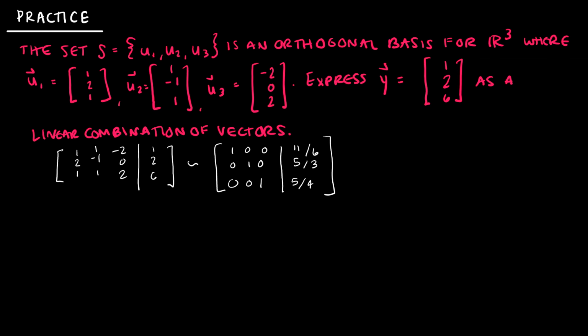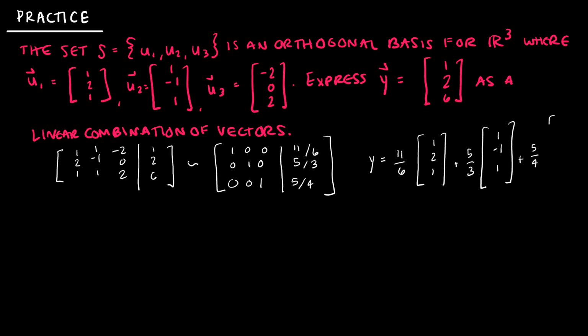And then if I asked you the same question, to express y as a linear combination of vectors, then I would say that y is equal to 11 sixths times u1 plus 5 thirds times u2 plus 5 fourths times u3. I don't know why my vectors kept getting bigger, but you get the idea.